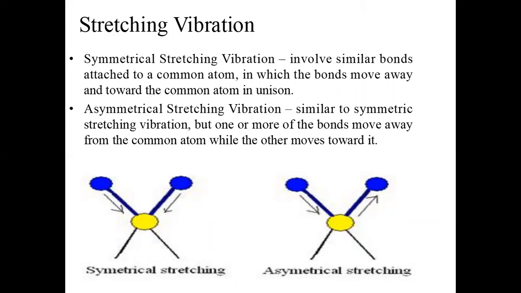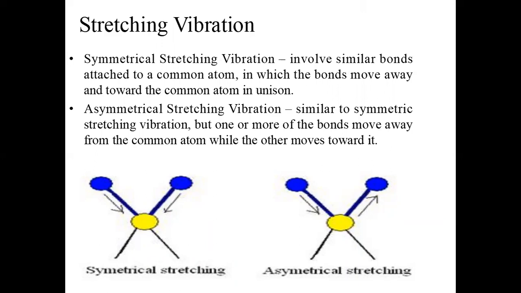And in this diagram, we can see the movement of the atoms which are shown by the arrows. On the left side of the picture, we can see the symmetrical stretching. Here arrows are towards the common atom, which shows that both move towards the common atom.